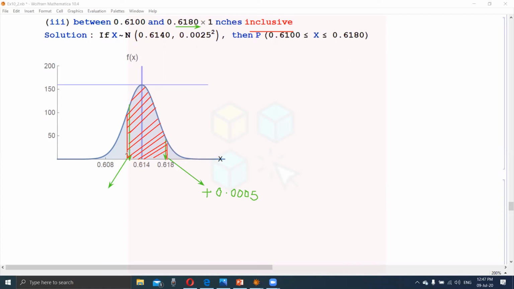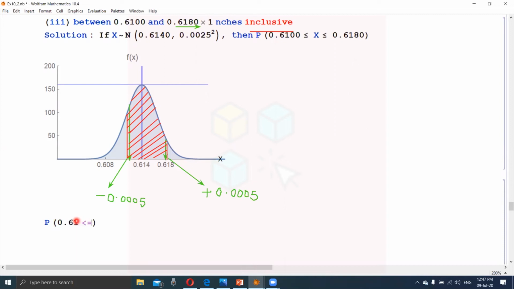Therefore we have to subtract 0.0005 from the actual point, which is 0.61.